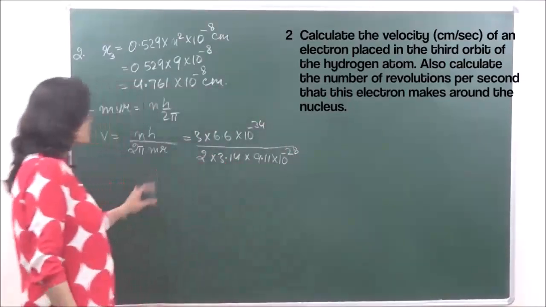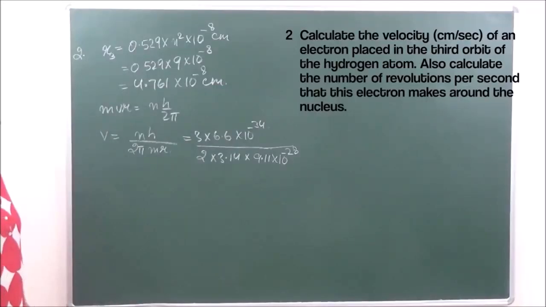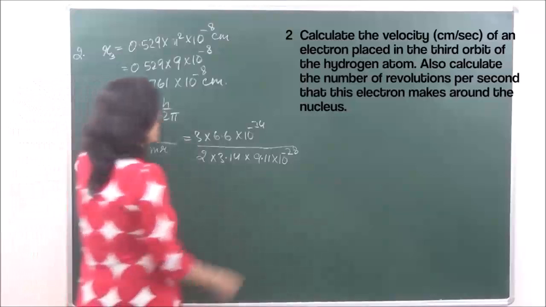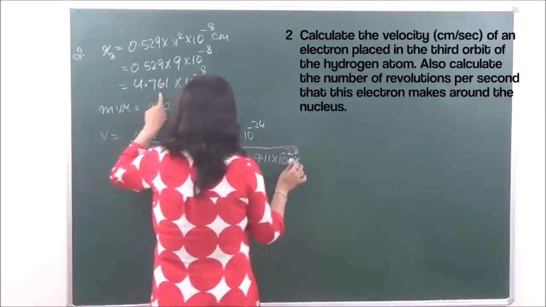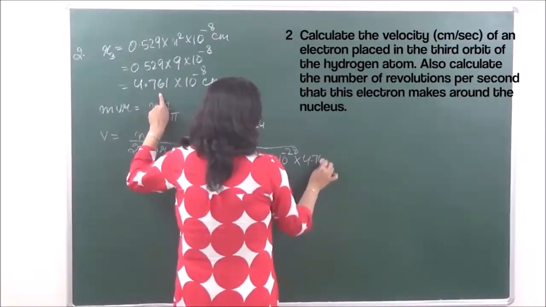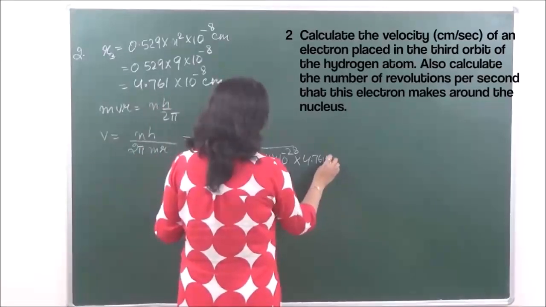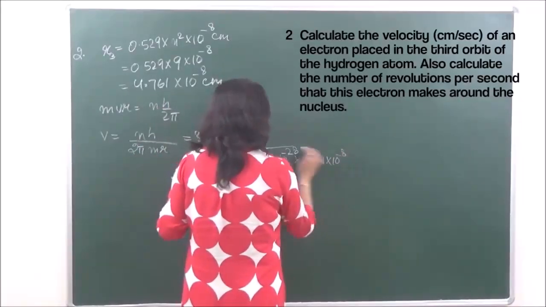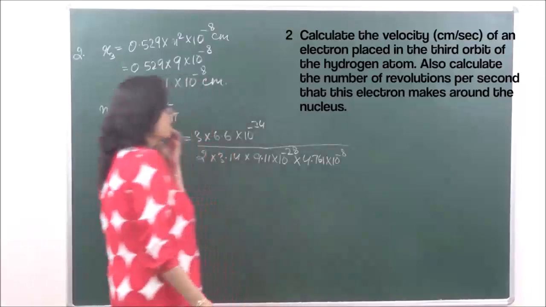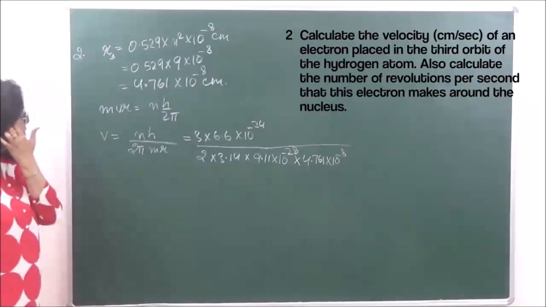Minus 28. Okay? And into radius, which we had found over here. So radius is equal to 4.761 into 10 raised to power minus 8. Okay?